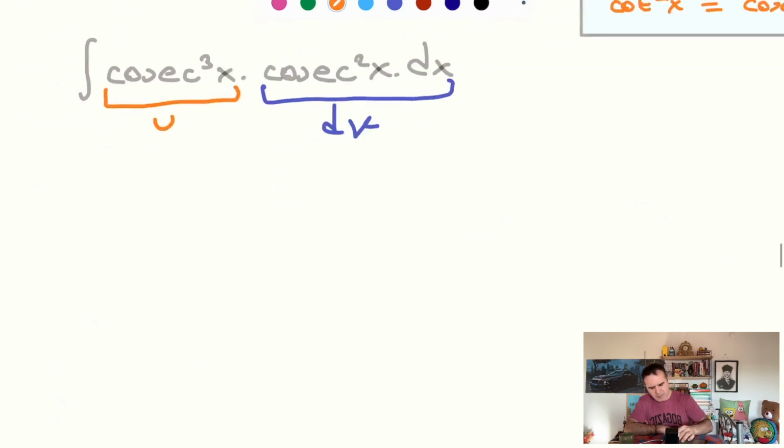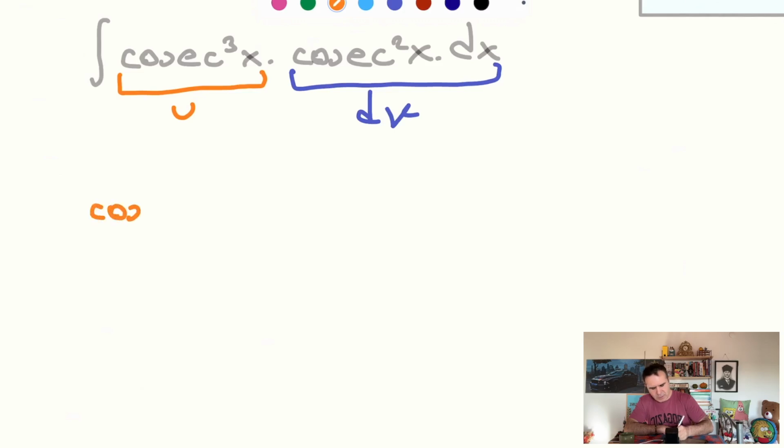And here we have, let's say, cosecant cube x is equal to u.